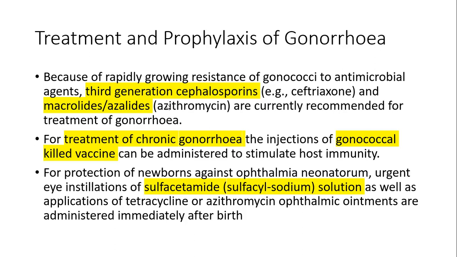To stimulate the immune system, gonococcal killed vaccine can be administered. For protection of newborns against ophthalmia neonatorum, urgent eye instillation of sulfacetamide, sulfacyl sodium solution, as well as application of tetracycline or azithromycin ophthalmic ointments, are administered immediately after birth.